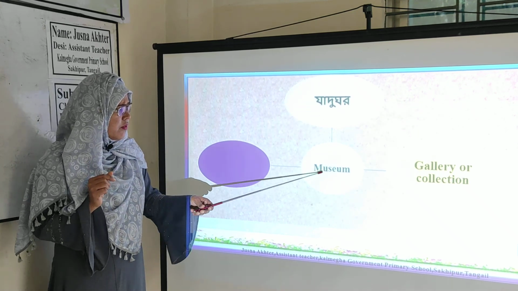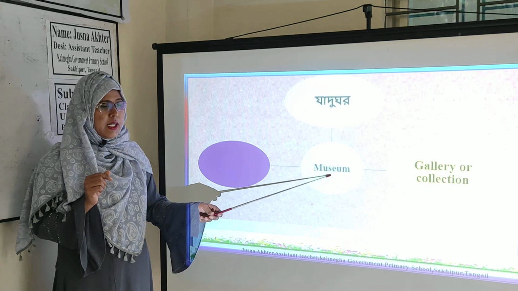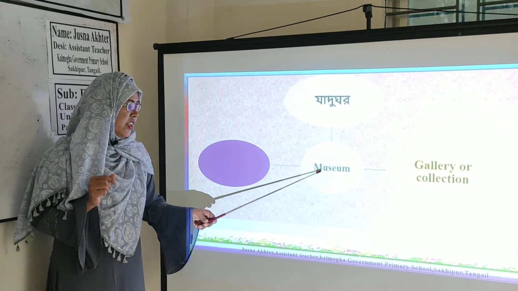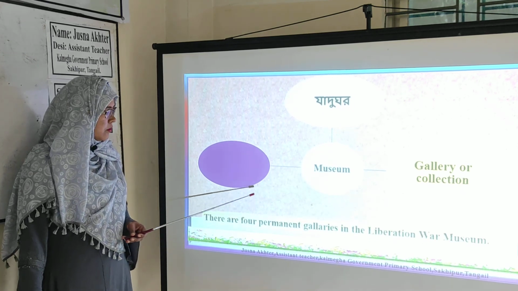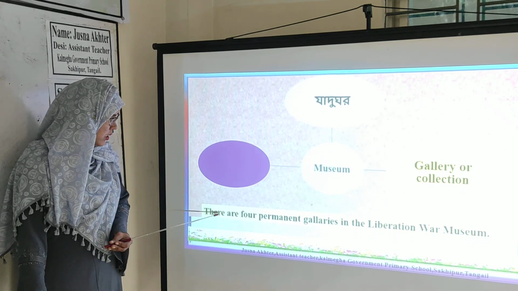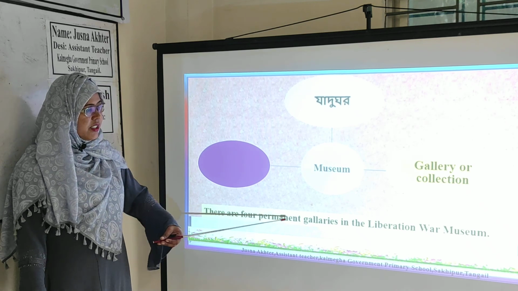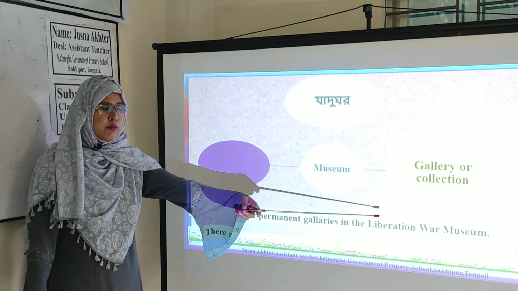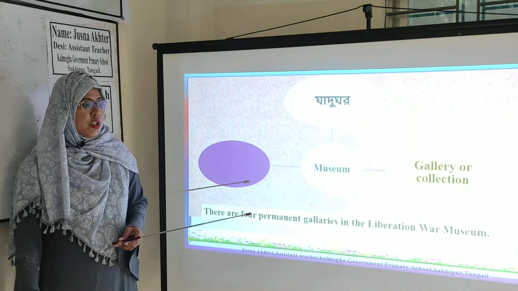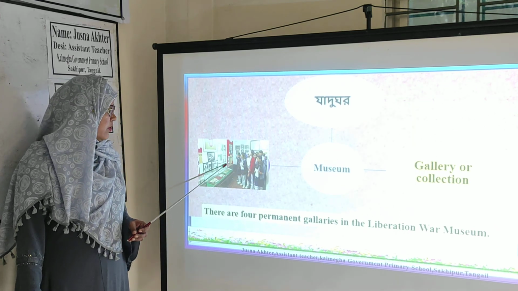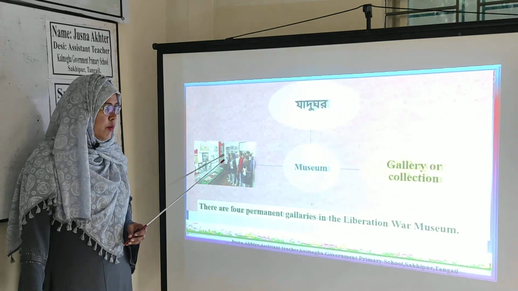And the spelling of this word is M-U-S-E-U-M. Museum. The sentence for this word is: There are 4 permanent galleries in the Liberation War Museum. And this picture refers to the Liberation War Museum.